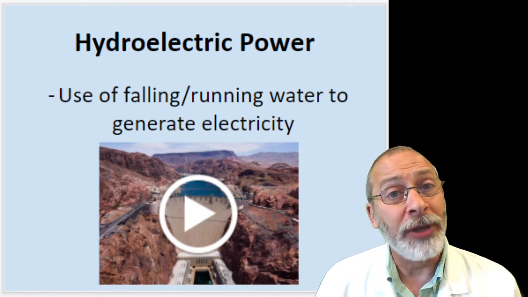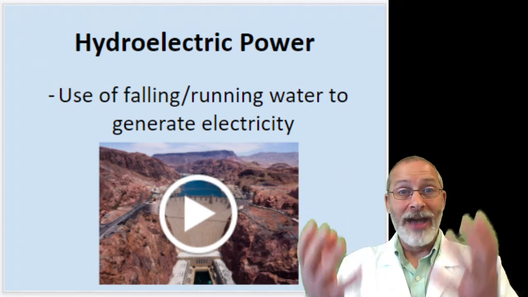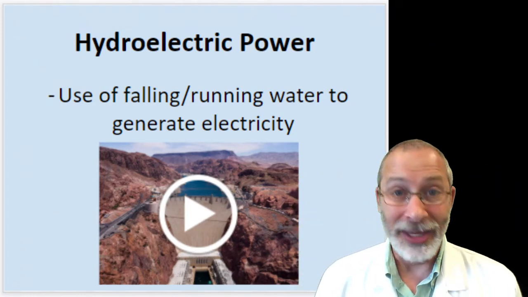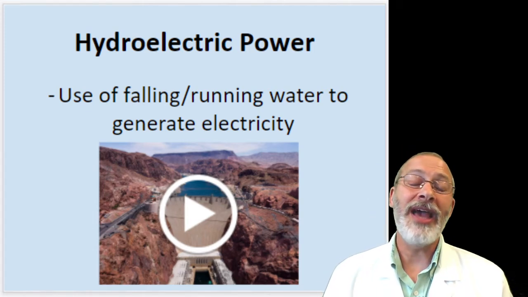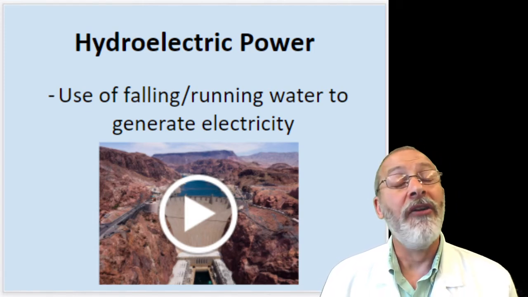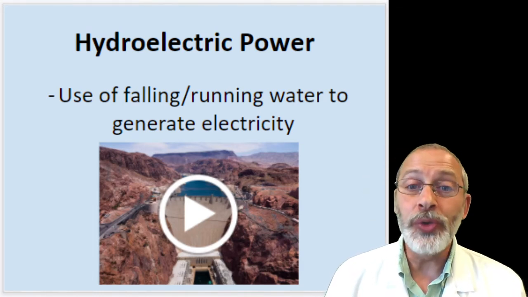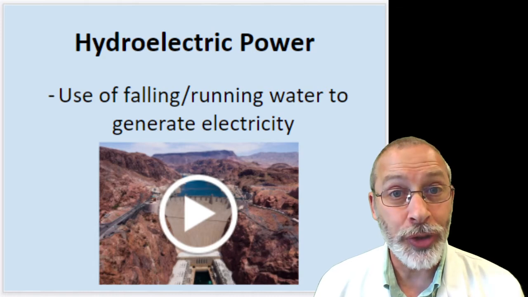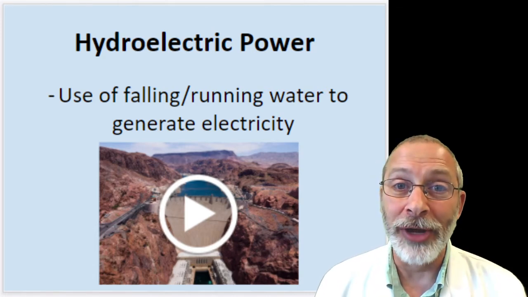But as we mentioned before, because of the force of gravity, when gravity's pulling water down, it does so with a lot of energy. And if you can tap into the use of falling water or running water, then you can generate electricity using electrical generators.